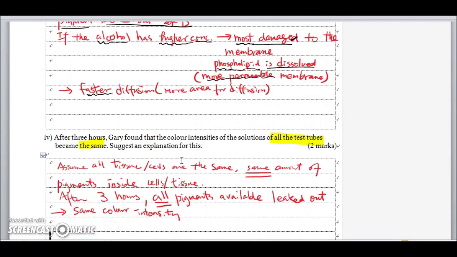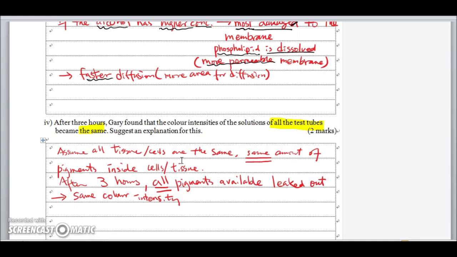For part 4, after 3 hours of time, remember it is 3 hours, so it is quite a long time, he found that the color became the same. All of them became the same color. It's just an explanation.